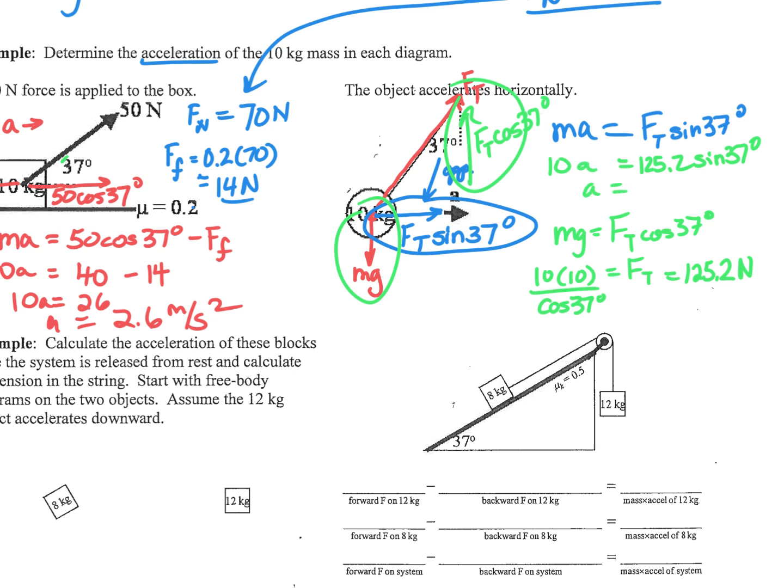So 125.2 times the sine of 37 degrees divided by 10 gives me about 7.5 meters per second squared. Okay, so there's my acceleration.